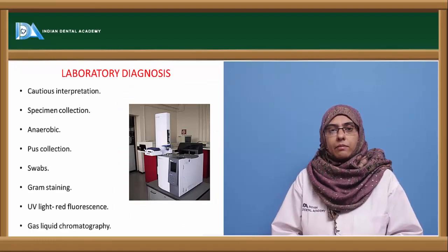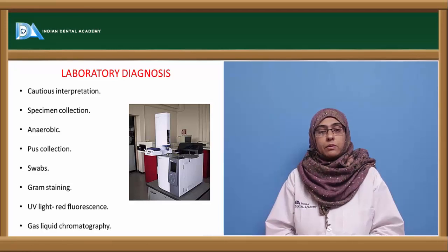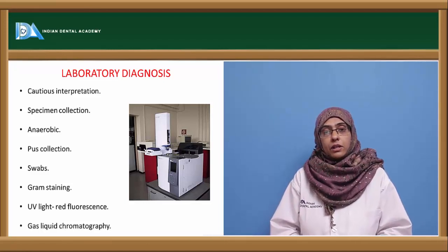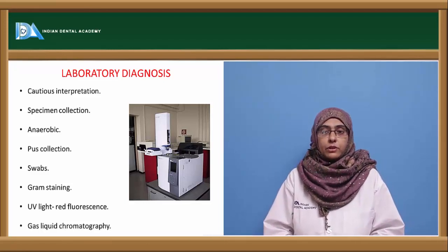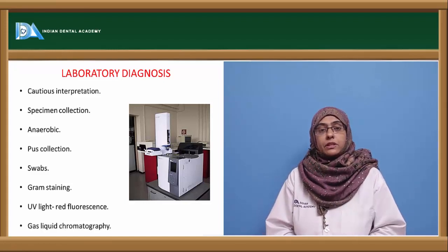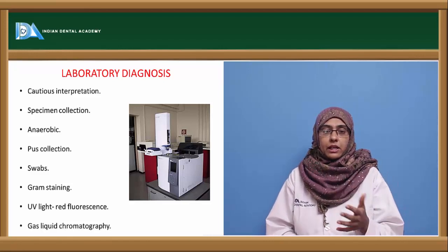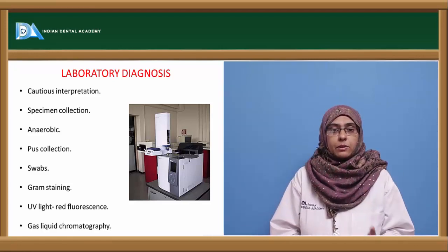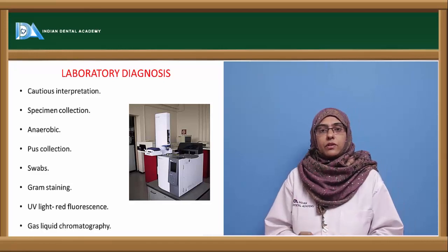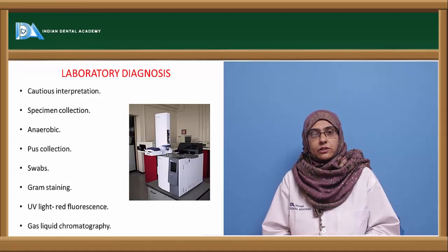The lab diagnosis is very helpful for us to identify anaerobic infection, but because they are normal inhabitants or normal flora of the human body, cautious interpretation has to be done. The mere presence of the organism in a particular sample cannot help us identify the disease, because these organisms are normal flora, and hence there can be confusion during diagnosis.